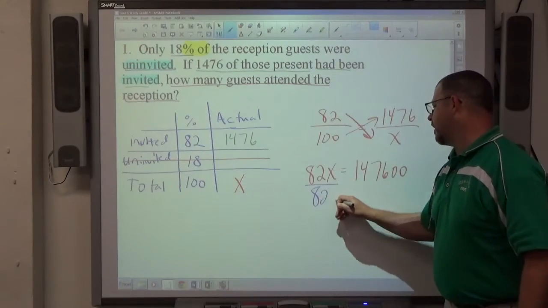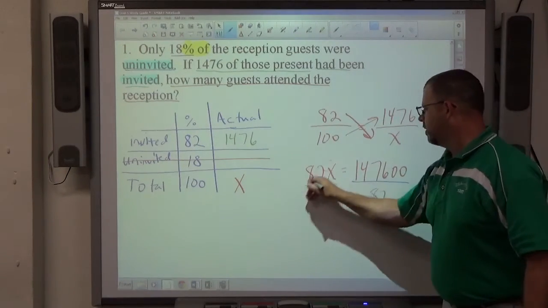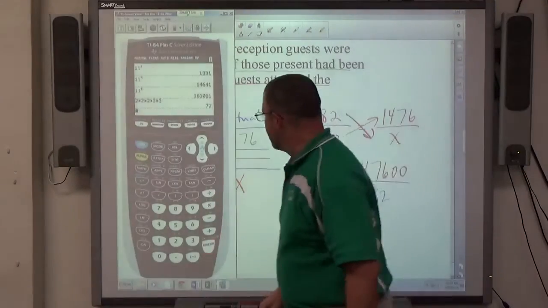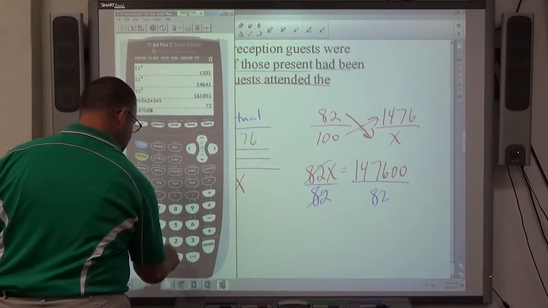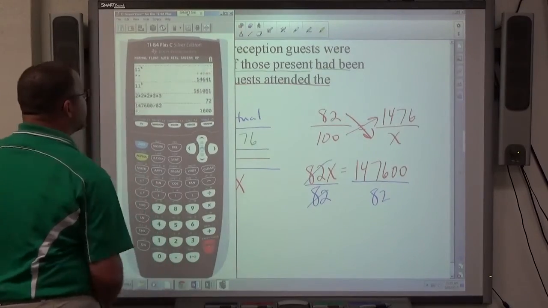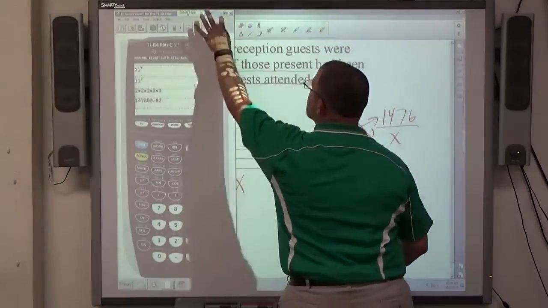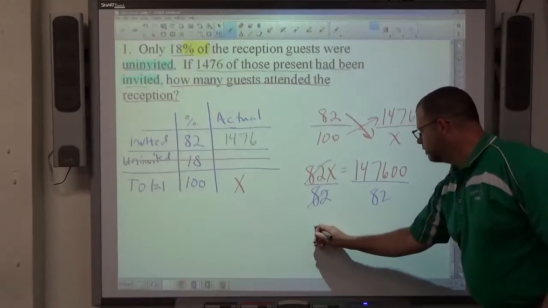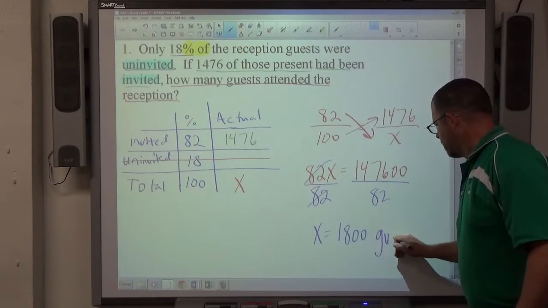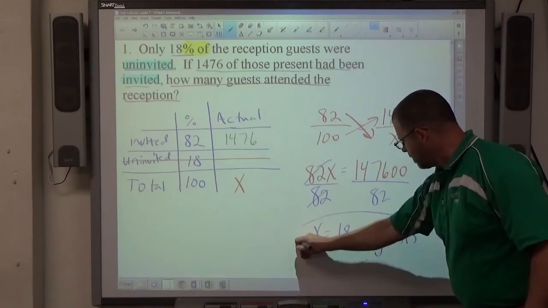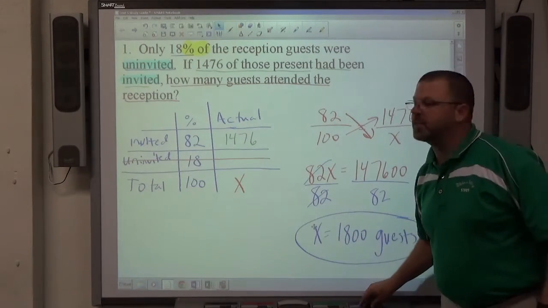We divide both sides by 82. Get our calculator out, type it in. Comes out to 1,800 people. So there are 1,800 guests at the party.